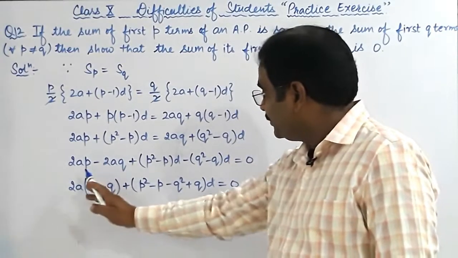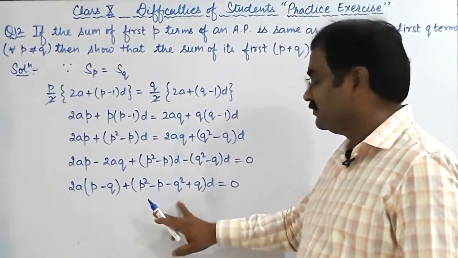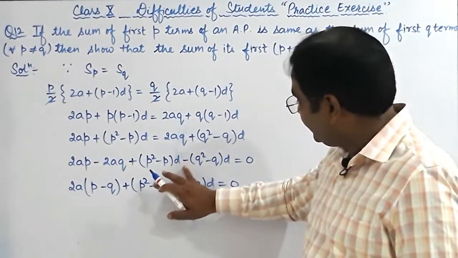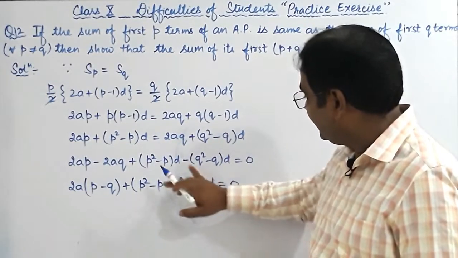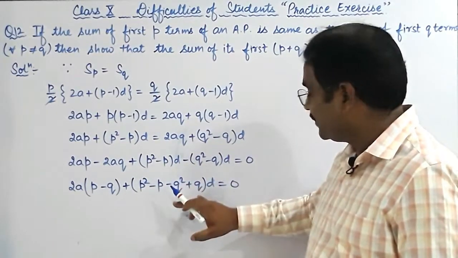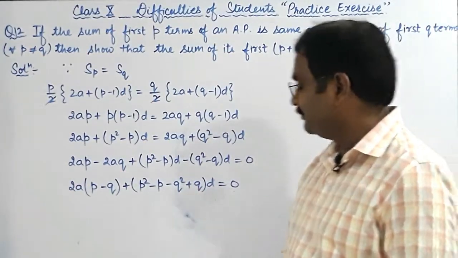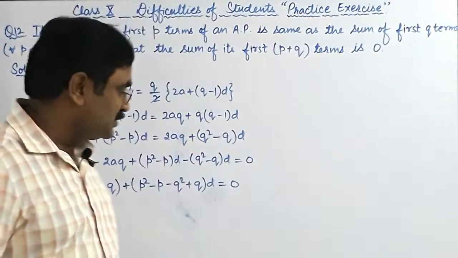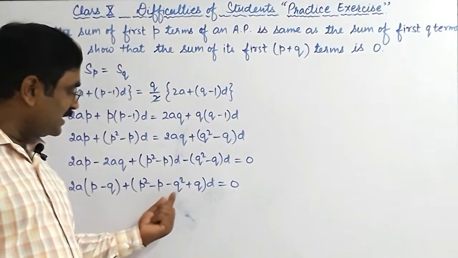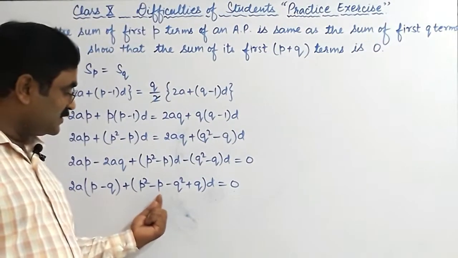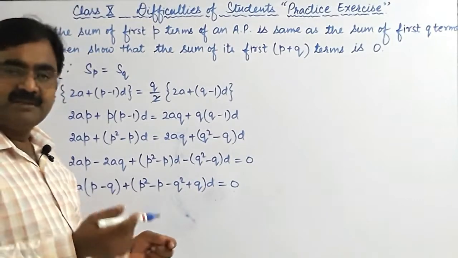Does this step make sense? 2a is common in these two terms and d is common in these two terms. Here it was negative, so minus is multiplied in this bracket: minus q square minus minus plus q. Okay, now let us simplify. These two terms, p square and q square, take together, and minus p plus q take together.